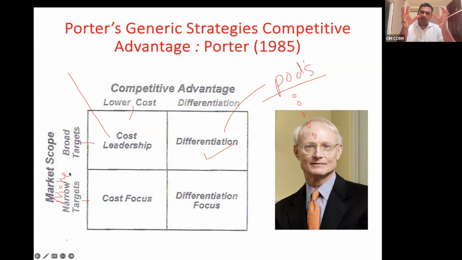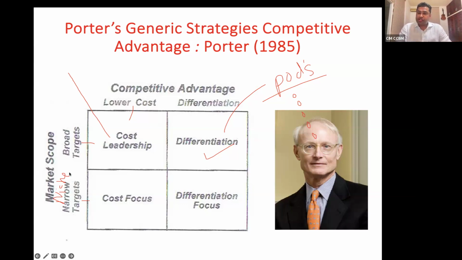Narrow market is a niche market: luxury brands, Louis Vuitton, Hermes, Prada, Gucci, Armani, narrow market. So they focus on a narrow market, Rolex. That's called a niche market, small market, narrow market.